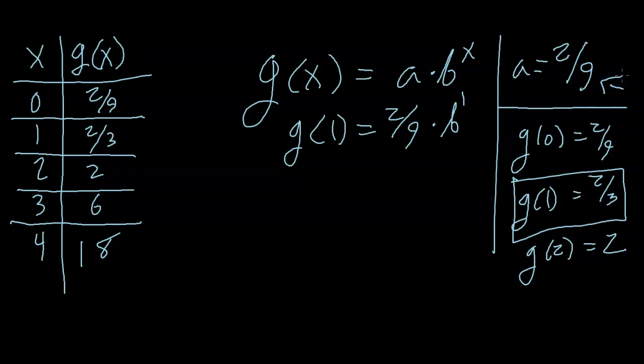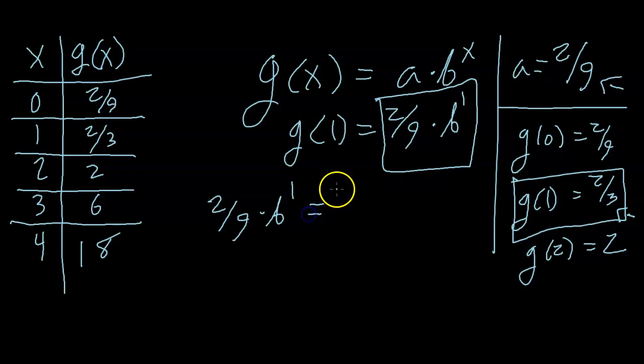So we're just going to plug in the value 1 into g. So we know that this is the value g of 1, and this is also the value of g of 1, right? So we can set 2/9 times b to the first power equal to 2/3, right?